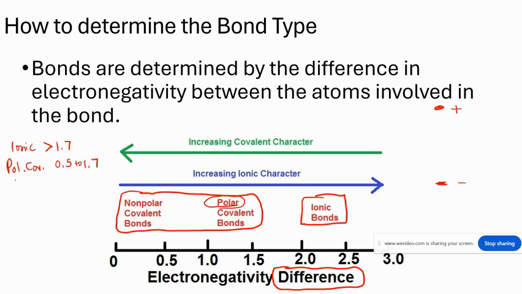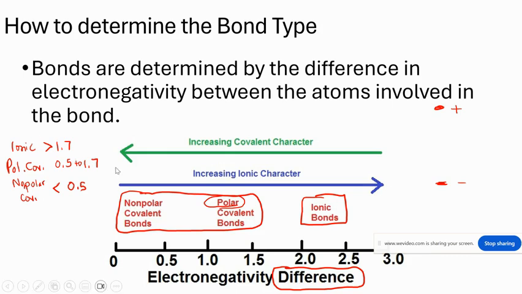And then nonpolar covalent is going to be less than 0.5. I think I got my arrows pointed the right direction. So this is usually kind of the cutoff threshold for those.